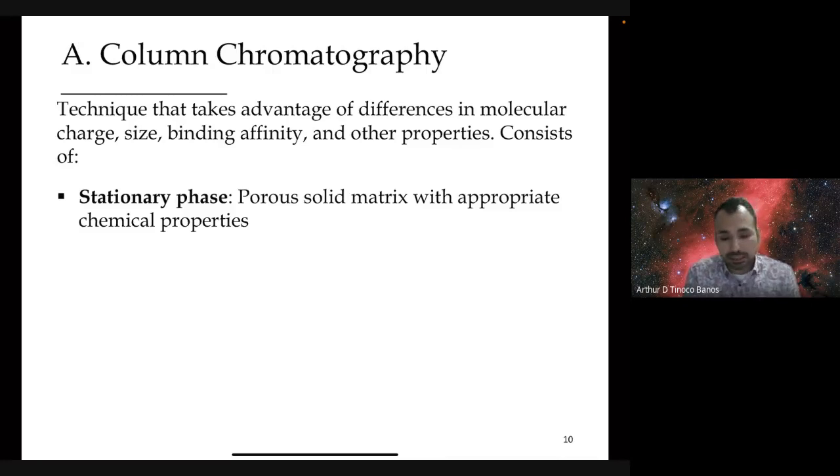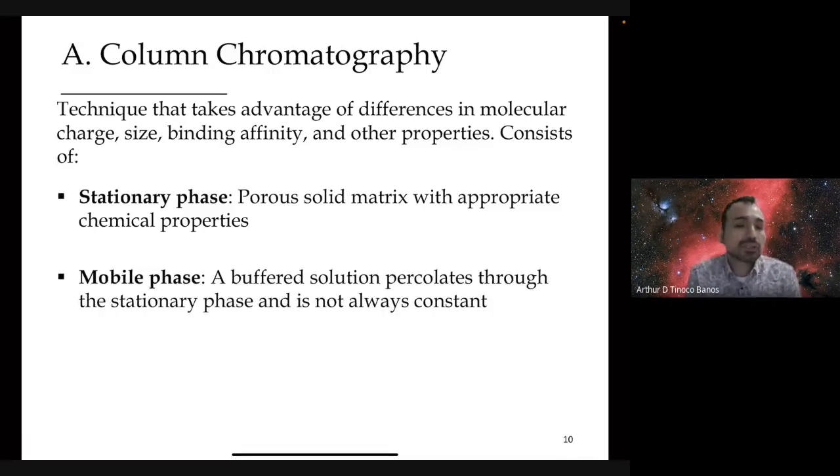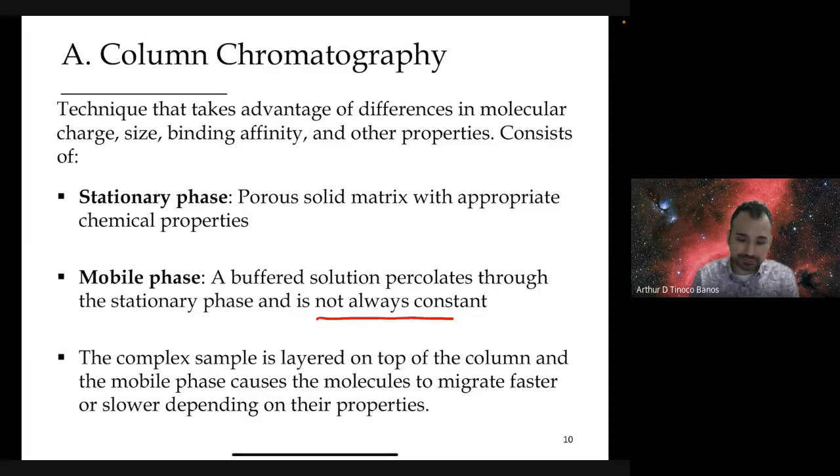This will typically consist of a porous solid matrix with appropriate chemical properties. Then you have what is known as the mobile phase, which is usually a buffered solution, which will percolate through the stationary phase and is not always constant. What I mean by that is that the components within the buffer may change, and they may change for a very specific reason to help isolate molecules of interest.